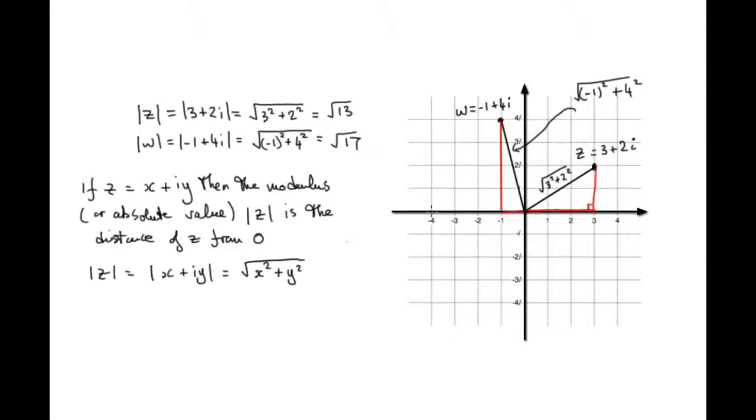For -4 as a complex number, let's look at that. -4 we know is -4 plus 0i. So the modulus of this complex number by this definition would be the square root of the real part squared, that's -4, plus the imaginary part squared, 0, which gives us the positive square root of 16, which is 4.